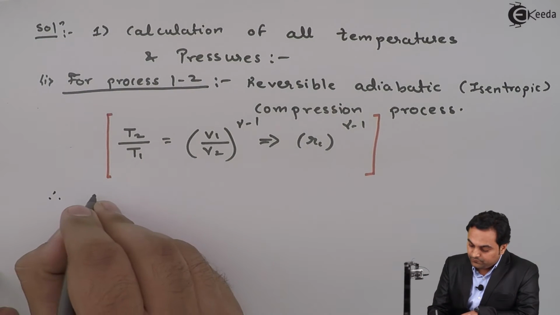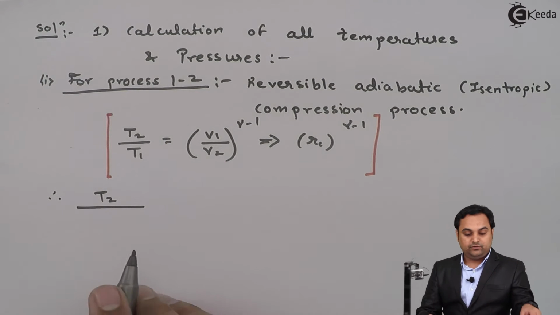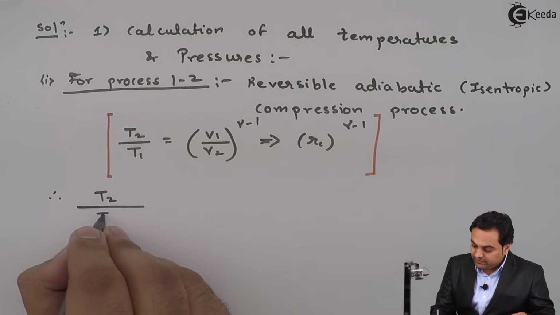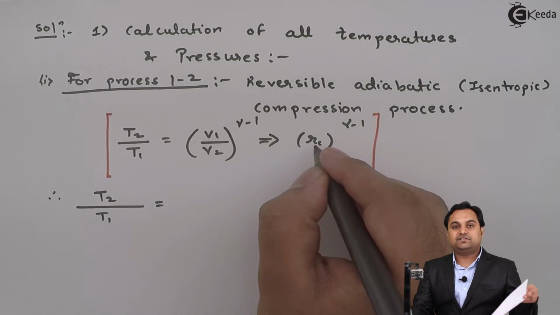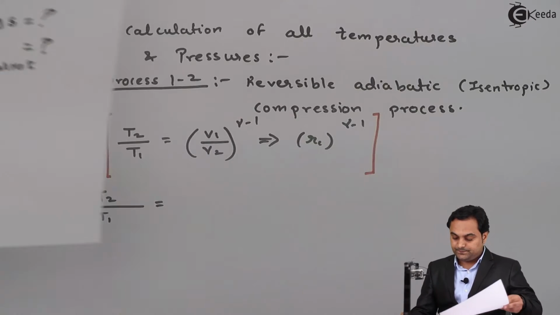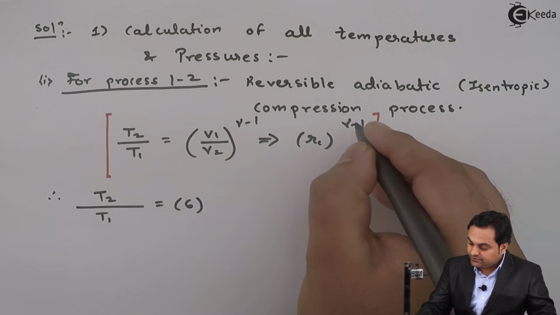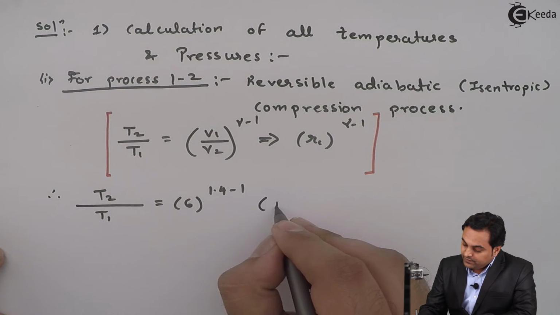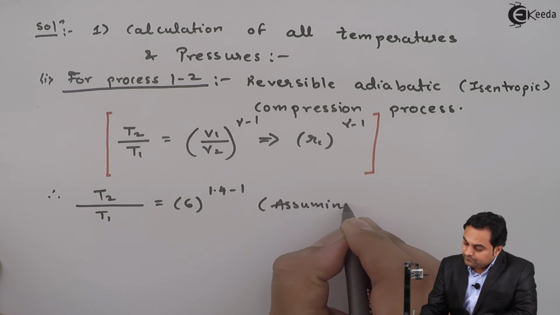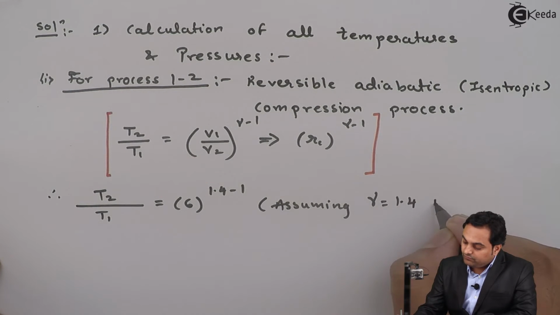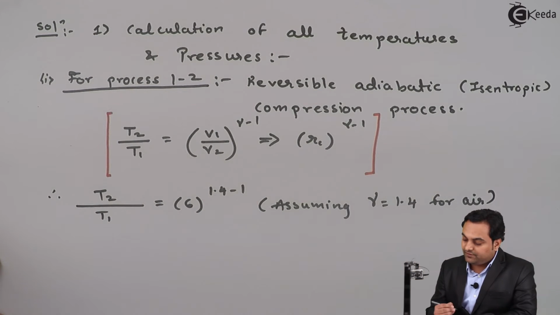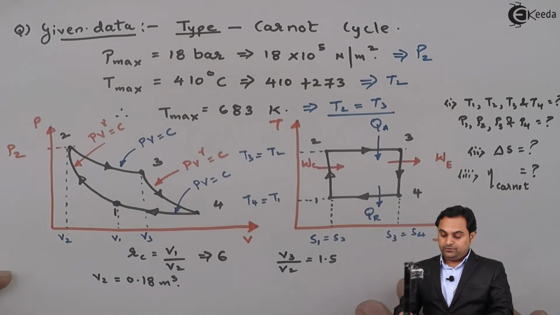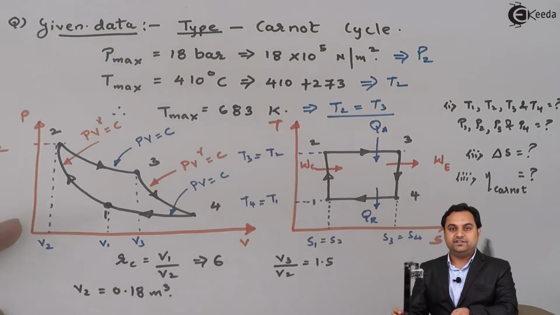So therefore T2 upon T1. Now T1 is not there in the problem. T1 is what we have to calculate. So I'll keep T2 by T1 equal to RC, which is given as 6, raised to gamma minus 1. Gamma is 1.4. I'll write down, assuming gamma is equal to 1.4 for air, because air we can use as a perfect gas. Now T2 value is given in the problem. T2 is nothing but the maximum temperature, which is 683.